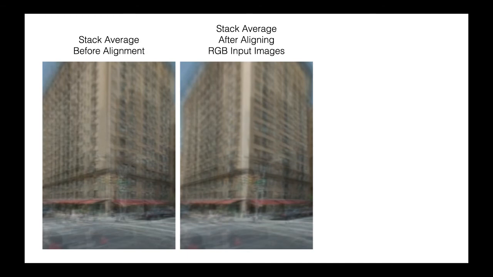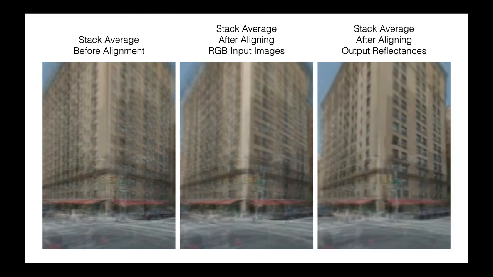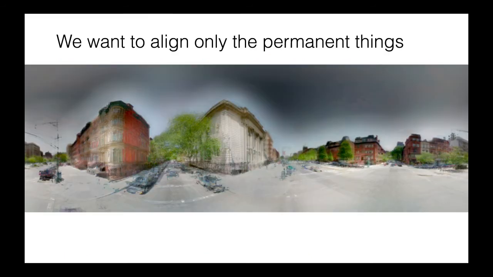We want to align stuff so we can factorize the permanent parts correctly, but we can't align the time-lapse because the images have temporally varying things. The insight here is that we want to ignore the time-varying parts and focus on aligning the permanent parts. Our solution is to warp and minimize the inconsistencies within the permanent stack reflectance. We do this while simultaneously training our factorization, such that as factorization improves, alignment becomes easier.